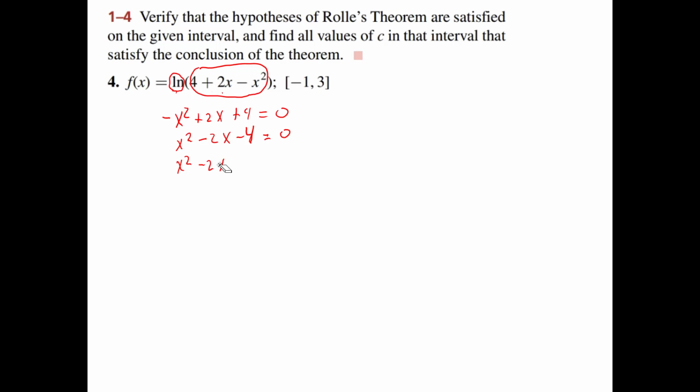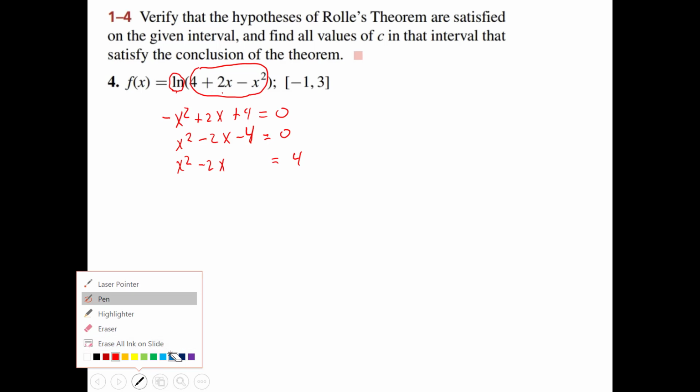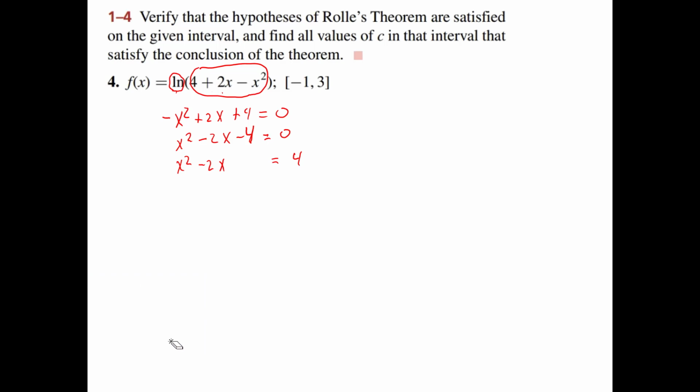Now you could use the quadratic formula since it's not going to factor, or because the first term is x squared and the middle term is even, you can complete the square. So we'll add 4 to both sides. And now we need to complete the square, right?